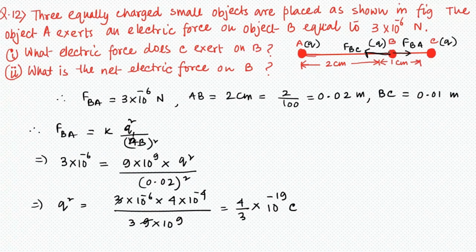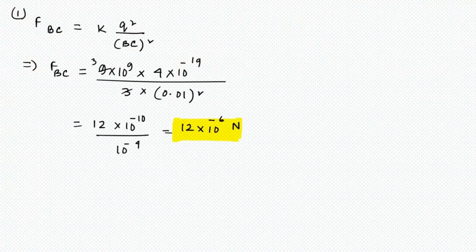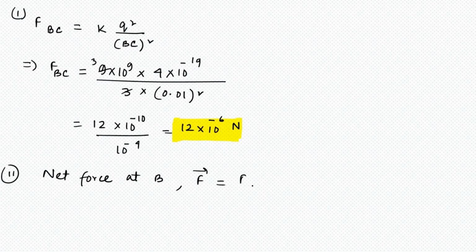Okay, and the next question is, what is the net electric force on B? From the diagram, it's very obvious that both of these forces are opposite to each other. That means the net force at B is equal to FBC minus FBA.